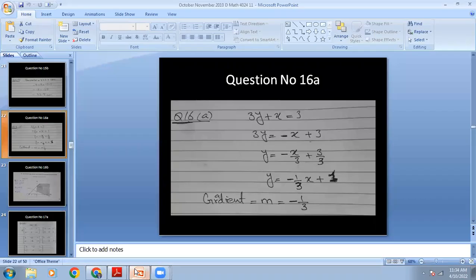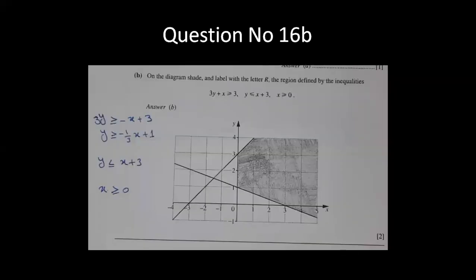So let me show you. So this line is basically this line. Because the crocodile's mouth is towards the y, the area above this line is shaded. This line is this one.